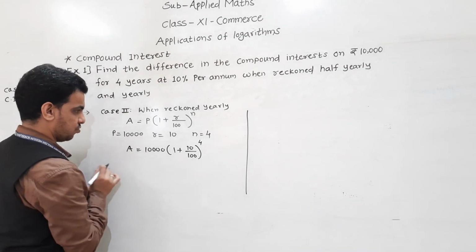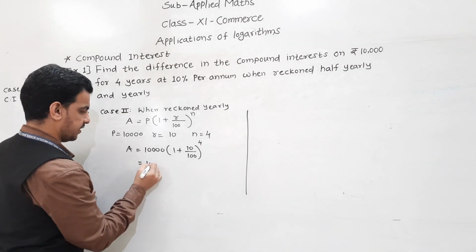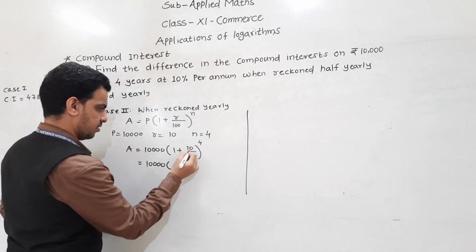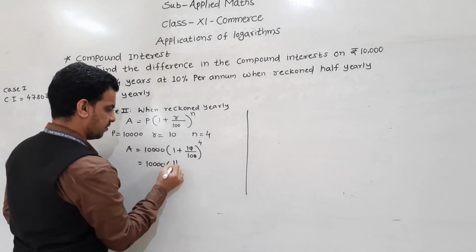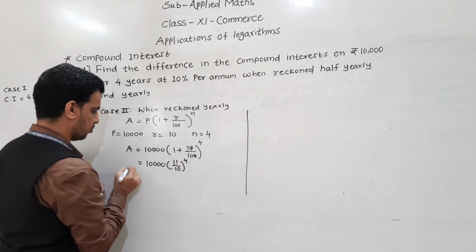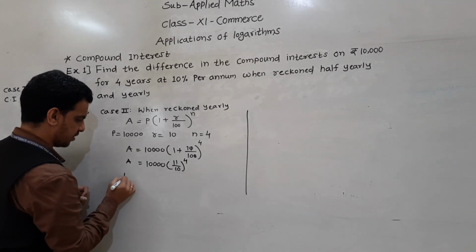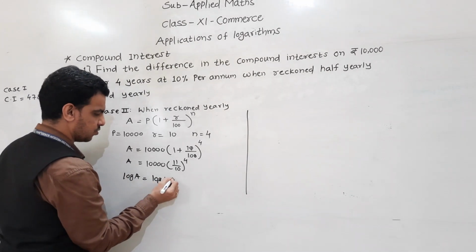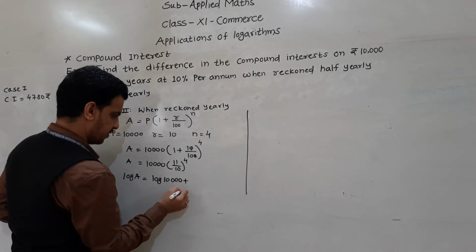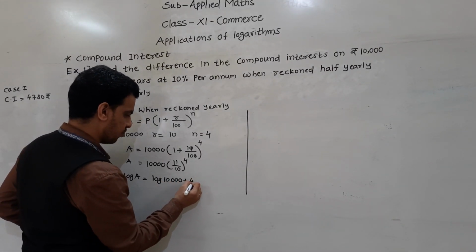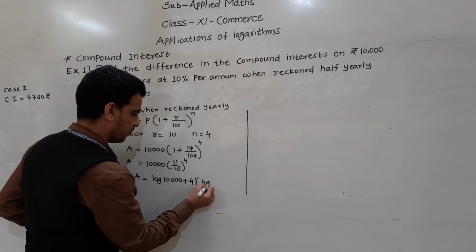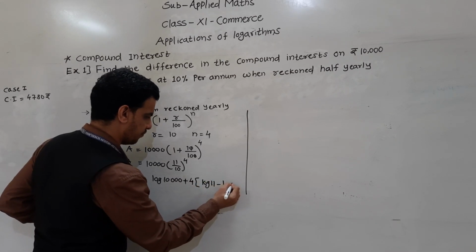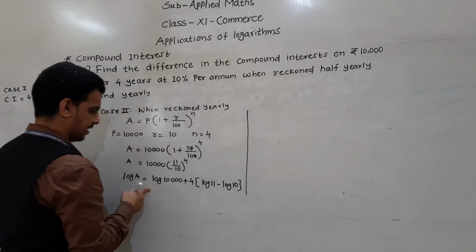So 10,000 into, it is 1 by 10, so 11 by 10 raised to 4. Now take log on both sides. So log of A is equal to log of 10,000 plus 4 into log of 11 minus log of 10. I am writing this directly.